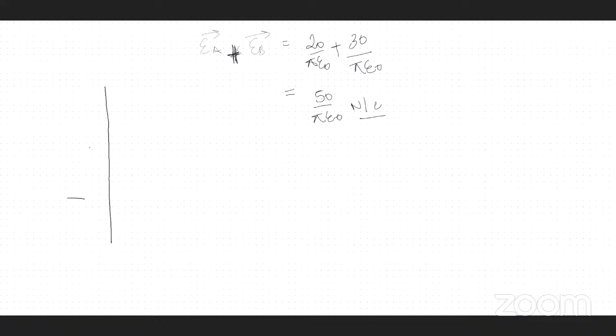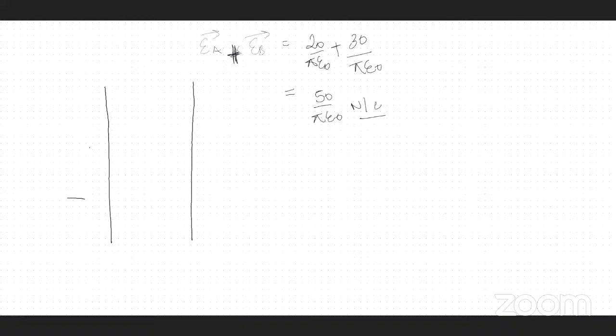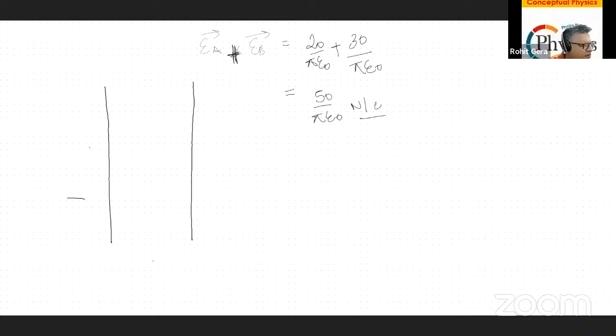All right. So let's say these are the two. Are you writing anywhere right now? Yes, I'm writing on the board the way I do. Okay, I found it. Again, this is 2 microcoulomb per meter. This is minus 3 microcoulomb per meter. And the distance between them is 0.1 meter.